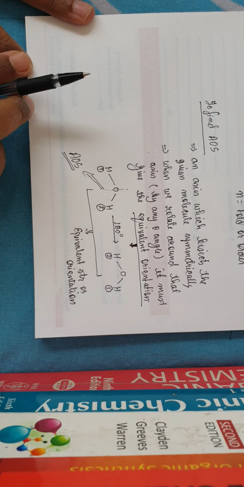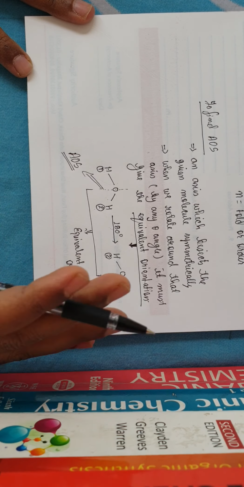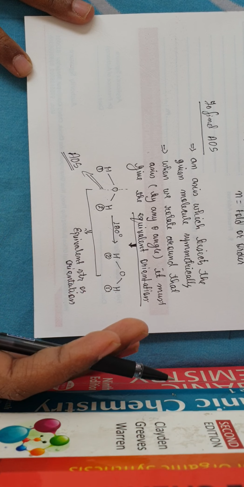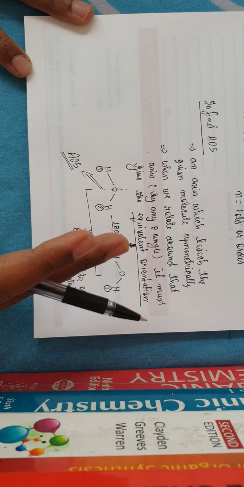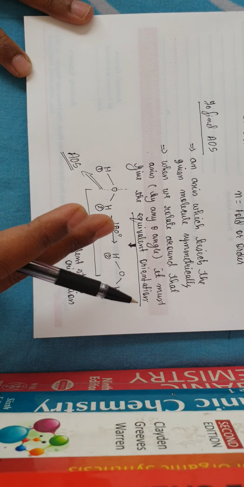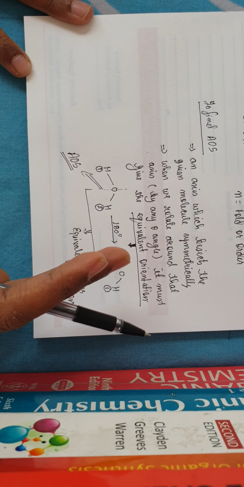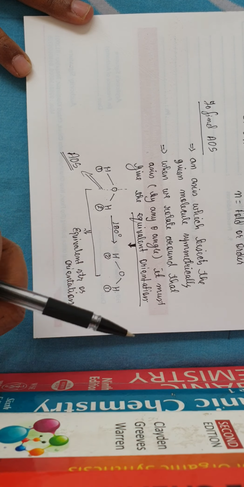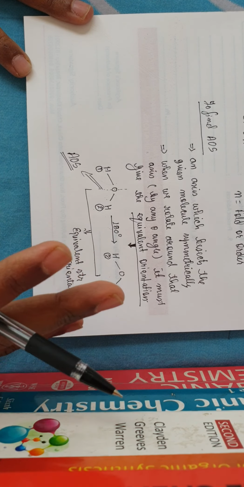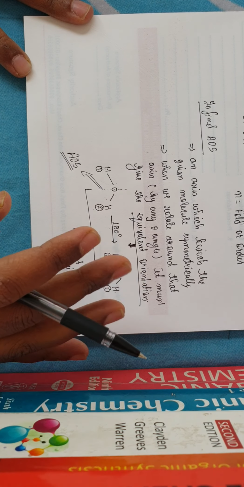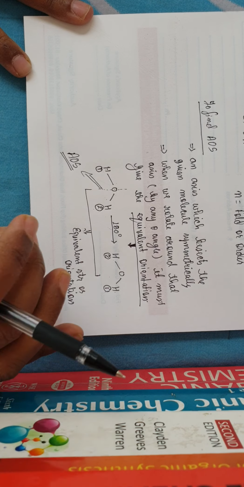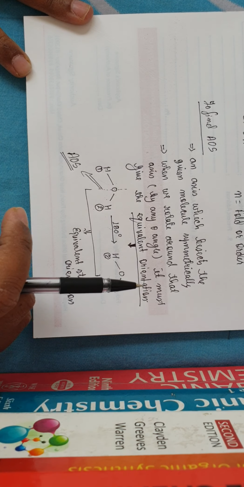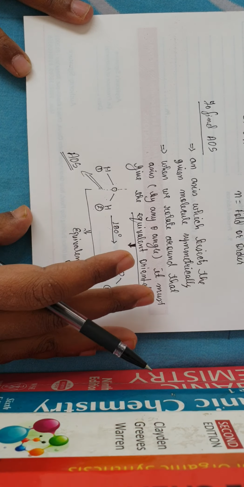Okay guys, once again I repeat it. What is axis of symmetry? To find the axis of symmetry, at first I must find a line which should bisect the molecule symmetrically, and by any rotation of theta, it must give at least one equivalent structure after the rotation.